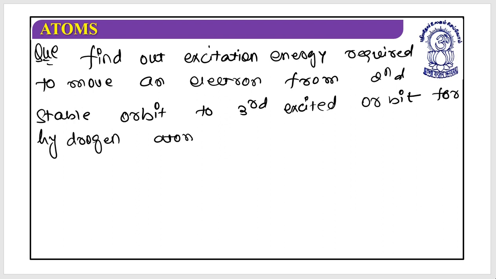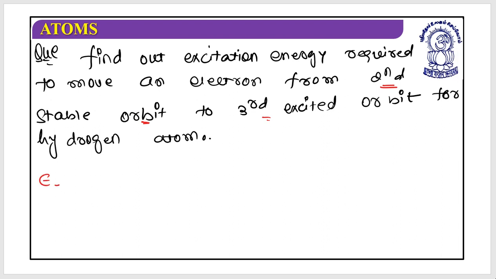How will you do this? Basically this is the energy required, and we need to find it for the electron initially in the second stable orbit going to the third excited orbit.